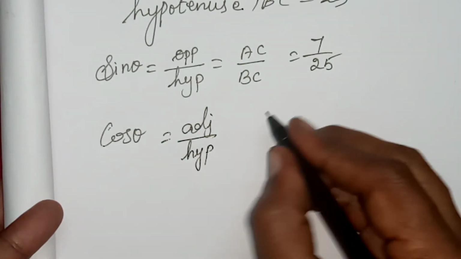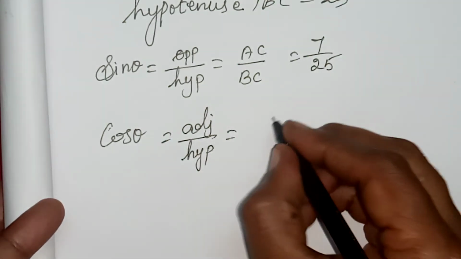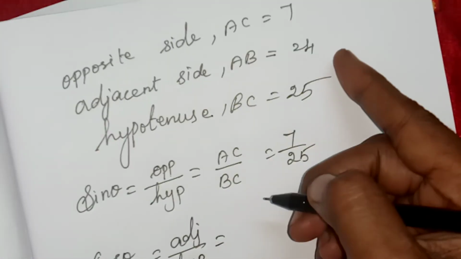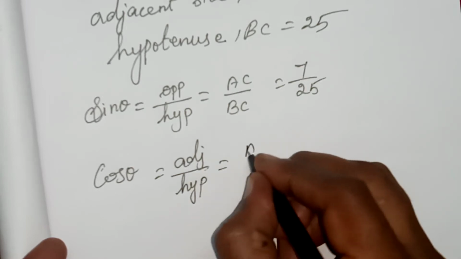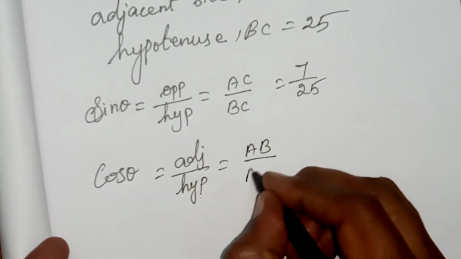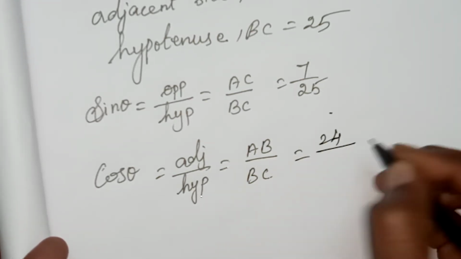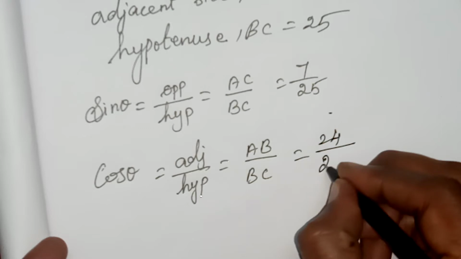What's the adjacent side? AB. Hypotenuse is which one? BC. So it is equal to 24 divided by 25.